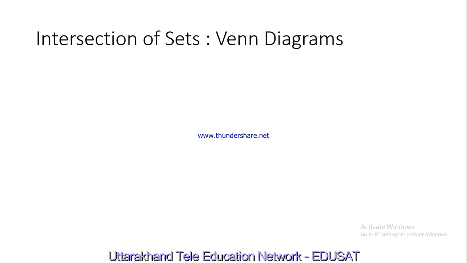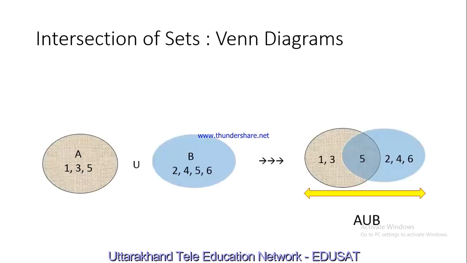Now again, let us have a look at the representation through the Venn diagrams. A intersection B has to be found out. Now, there are two sets A and B. The first set has three elements, 1, 3, 5. The other one has four elements, 2, 4, 5, and 6.